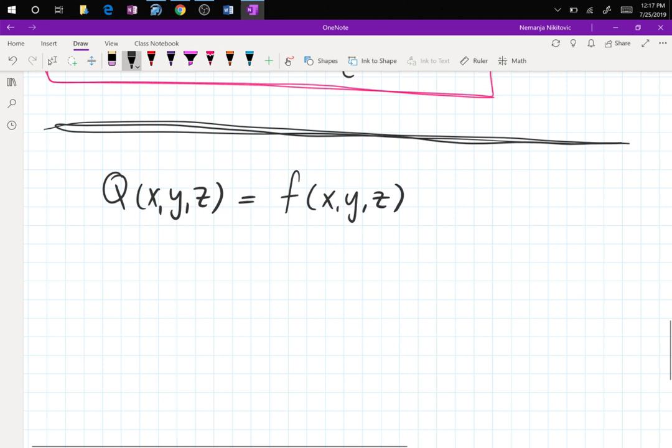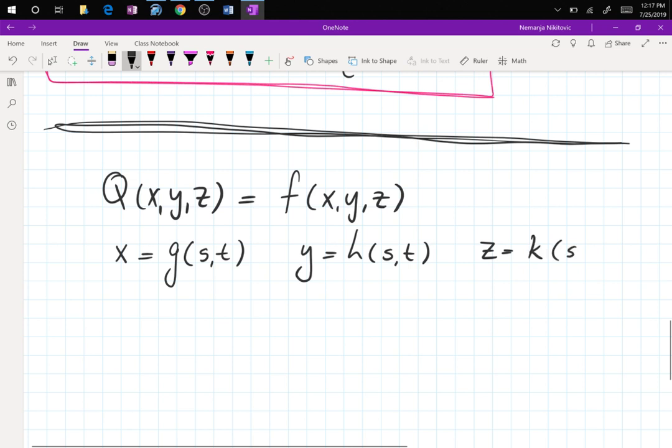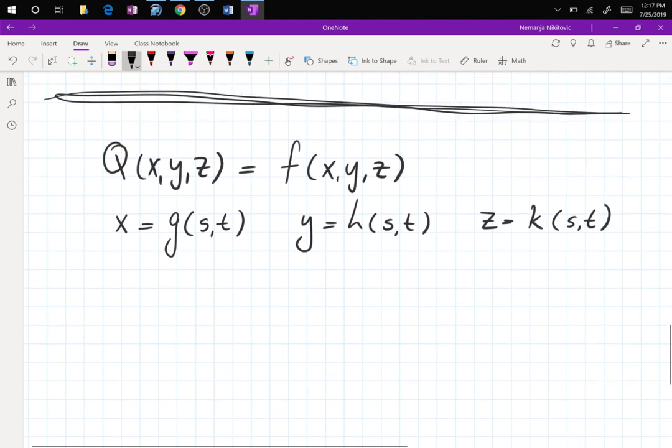And then you have x to be a function of s and t, y to be a function of s and t, and z to be a function, should I use k over there? Yeah, whatever, k, of s and t.